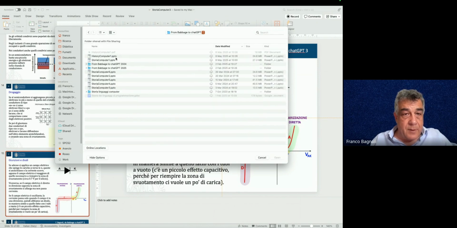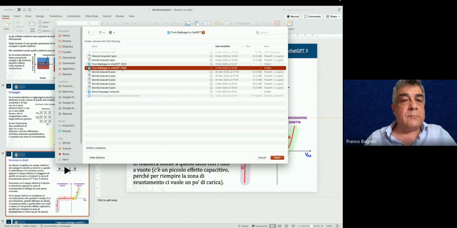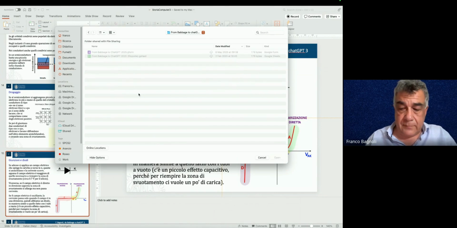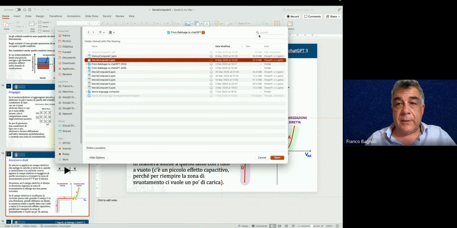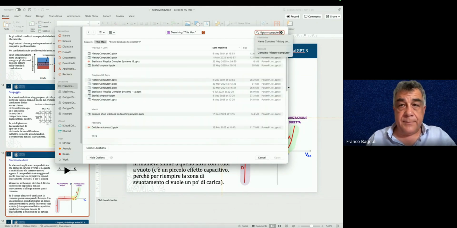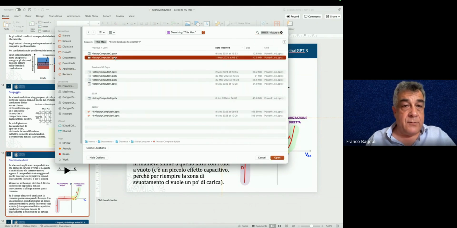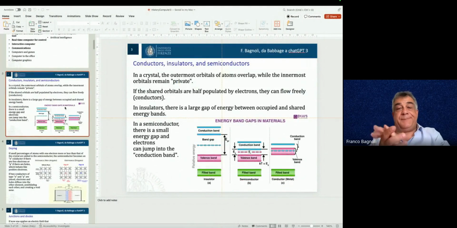Maybe history computer. This is not history computer. Where? History computer. This should be the one. Okay, so this one.